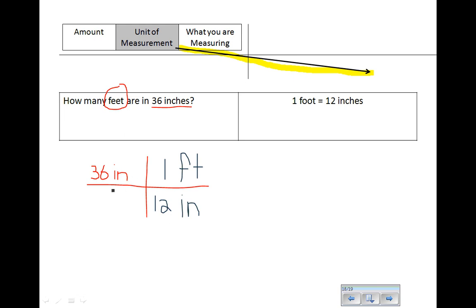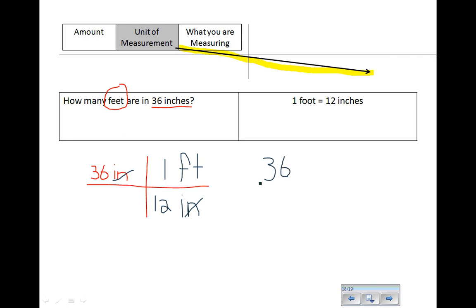Notice that we have inches over inches. So that unit of measurement will cancel out. Now we're simply going to take all the values that are on the top of our fence, and we are going to multiply them. So 36 times 1 gives us 36.